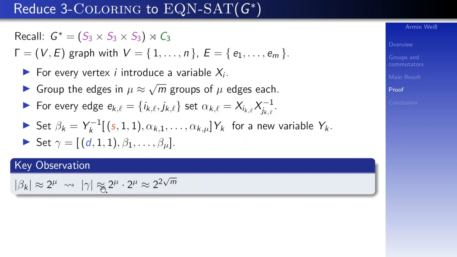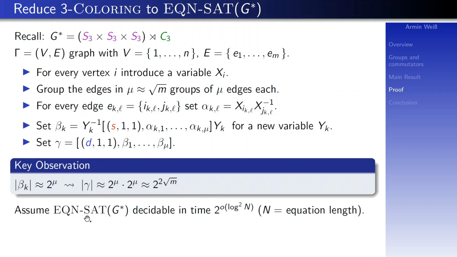So we get a total length of gamma of approximately 2 to the mu times 2 to the mu, which is roughly 2 to the 2 square root of m.